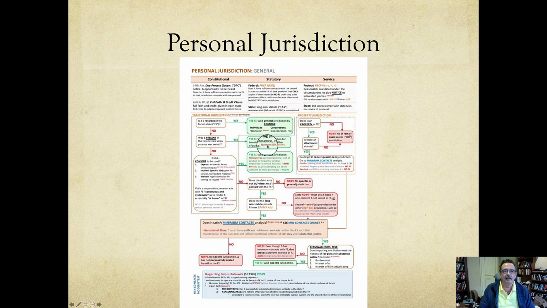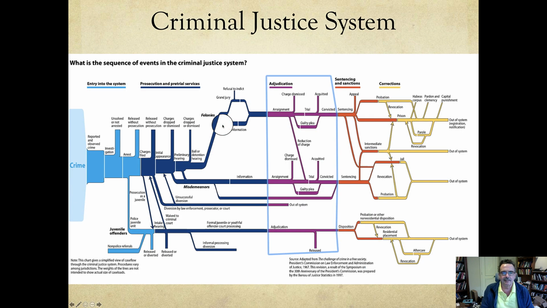Another might be in the area of personal jurisdiction. This is more of what I would call a data flow chart, where information is flowing from left to right.